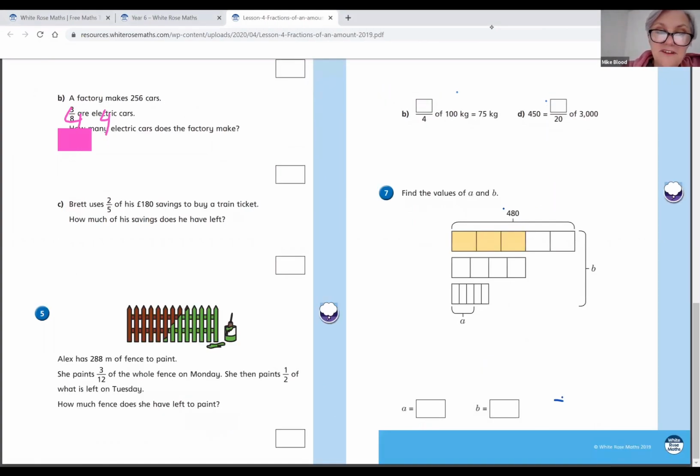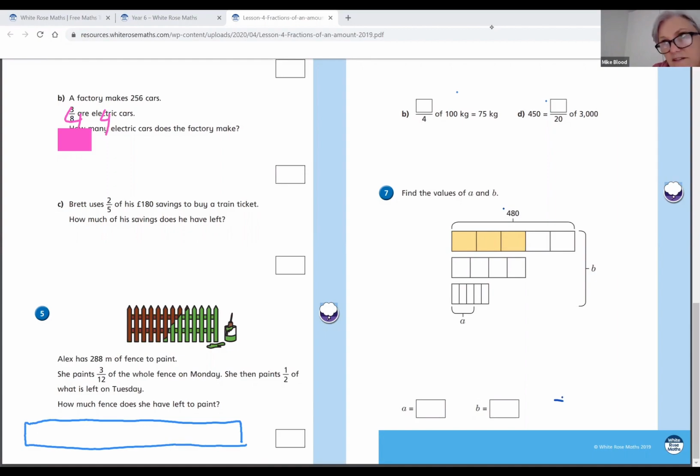Alex has 288 metres of fence to paint, as we said earlier. She paints 3/12 of the whole fence on Monday, and then she paints 1/2 of what's left on Tuesday. How much fence does she have left to paint? I think a bar model is a good way to do this. It's going to be a bit tricky. Draw a bar like that.